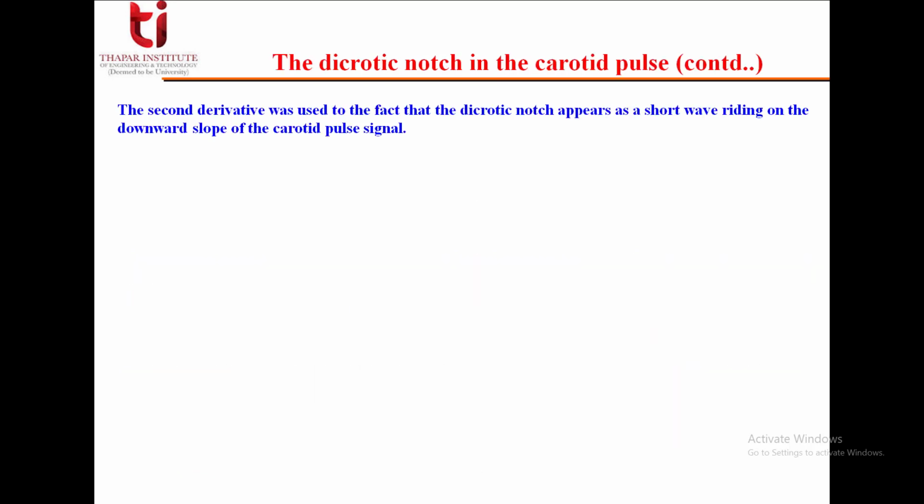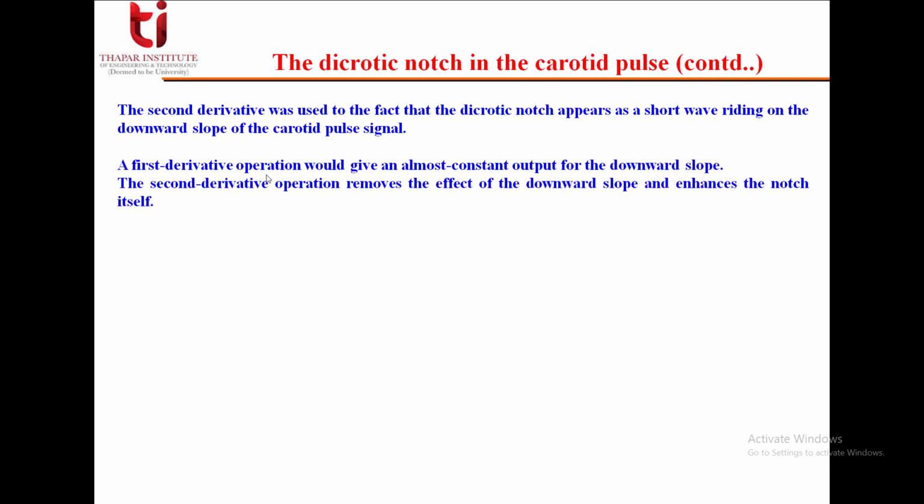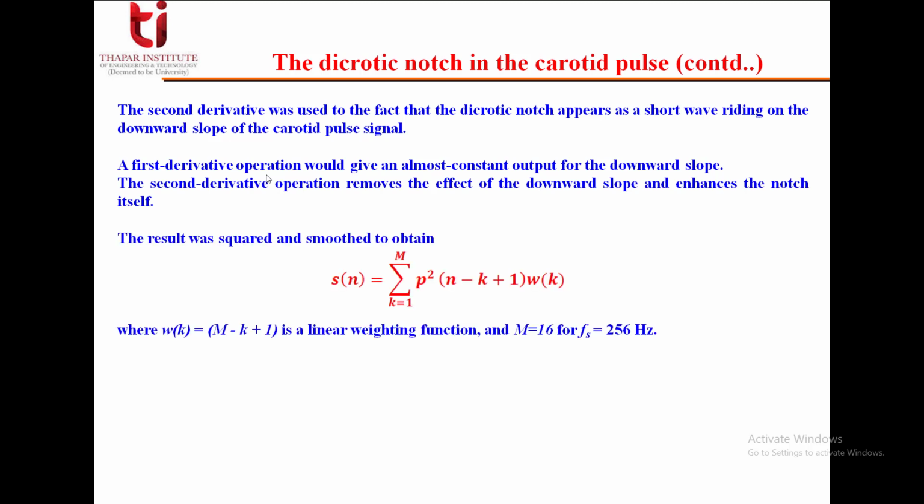The second derivative was used due to the fact that the dicrotic notch appears as a short wave riding on the downward slope of the carotid pulse signal. A first derivative operation would give an almost constant output for the downward slope. The second derivative operation removes the effect of the downward slope and enhances the notch itself.